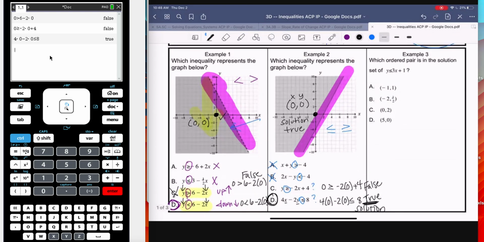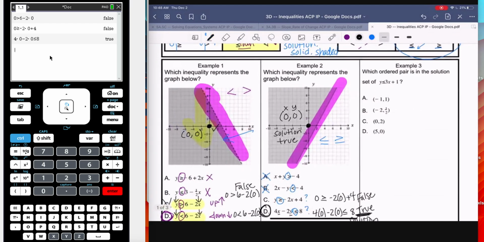Alright, the last kind of question that you're going to see is something like example 3. It says, which ordered pair is in the solution set of y is less than or equal to 3x plus 1? Remember, when we're looking for a solution, we're looking for something that is true and in the shaded area.